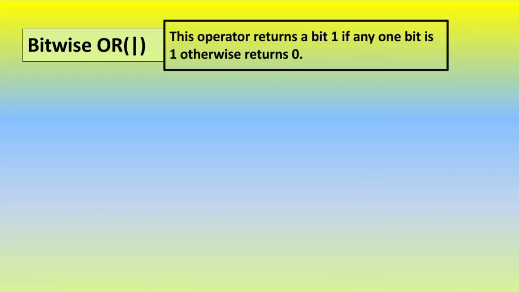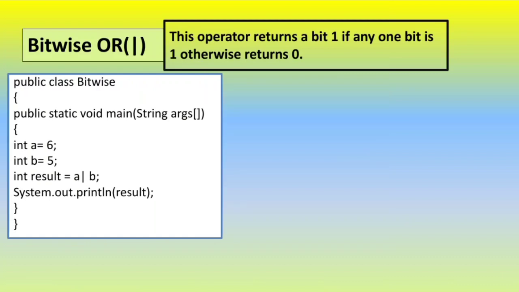Next we discuss bitwise OR. In bitwise OR, what happens? If any one is true, 1, then it returns 1. If both are 0, it returns 0. You see the example I have given here, the same example, but the operator I used here is different, that is bitwise OR.